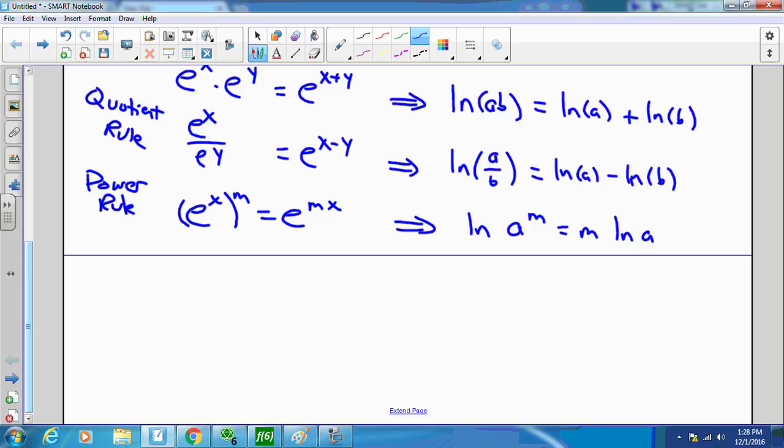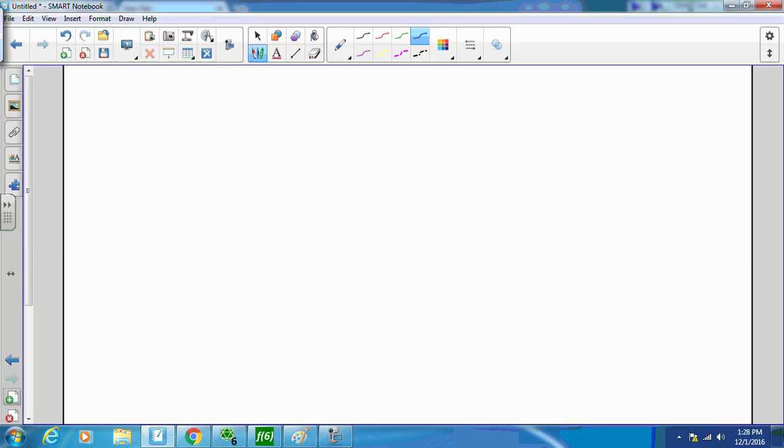Okay. In addition to the algebraic properties, we also took a look at the graph of natural log of x. And the graph of y equals ln x is derived entirely from the fact that natural log x is the inverse of e to the x.